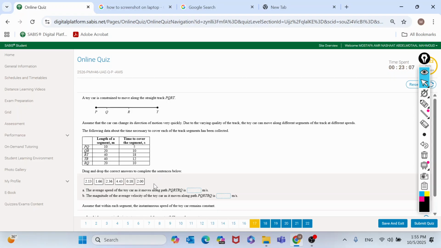Average speed, so distance over time. So distance, PQ is 10, plus QR is 20, plus RT is 40, plus TR is 40, plus RQ is 20.